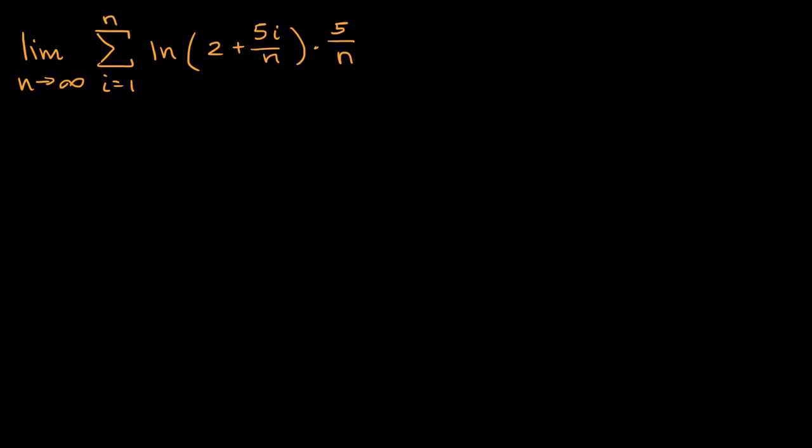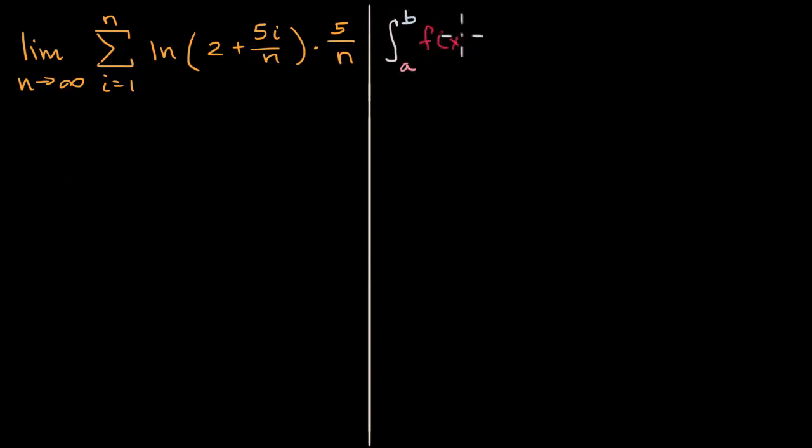So let's remind ourselves how a definite integral can relate to a Riemann sum. If I have the definite integral from a to b of f of x dx, we have seen in other videos this is going to be the limit as n approaches infinity of the sum, capital sigma, going from i equals 1 to n.